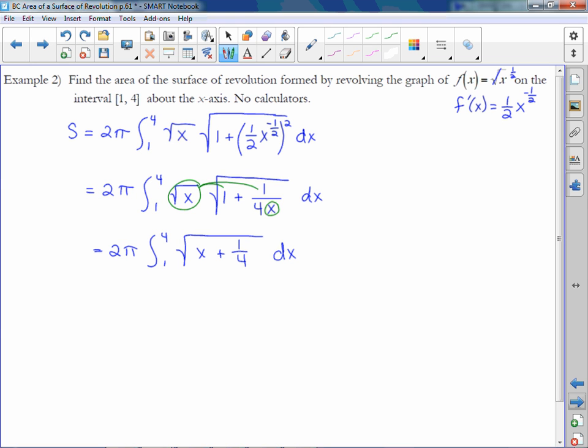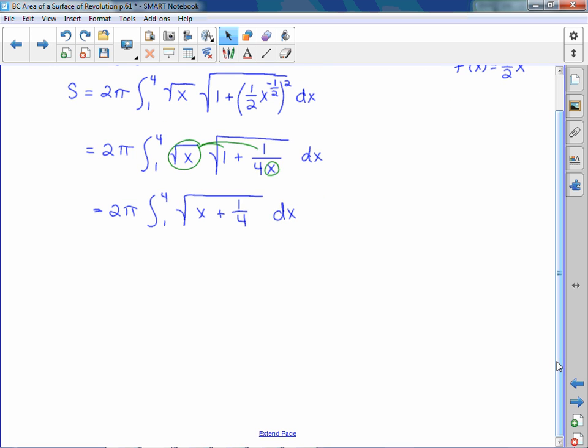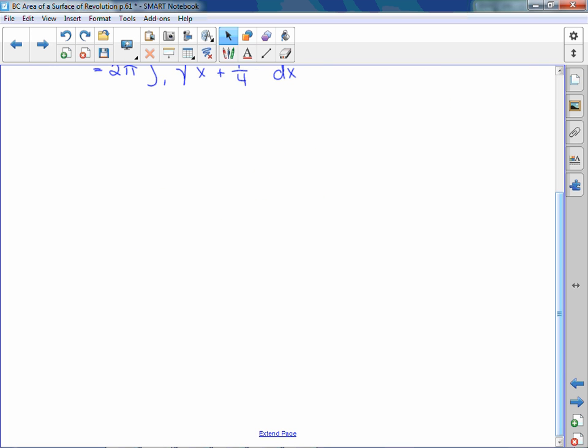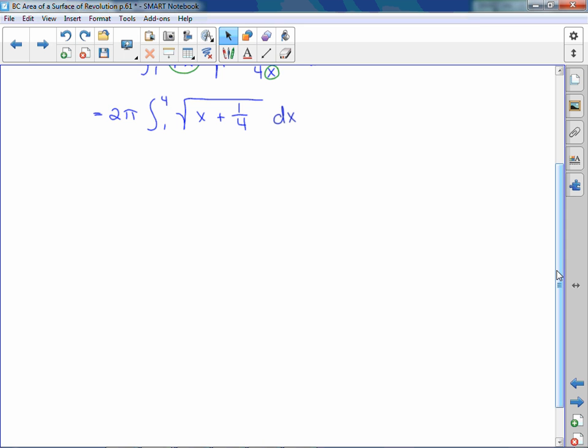So I think I'm going to go ahead and start my u du substitution. And I'm going to use u as x plus 1/4. So that means my du is going to be 1 dx. So now we have 2 pi.